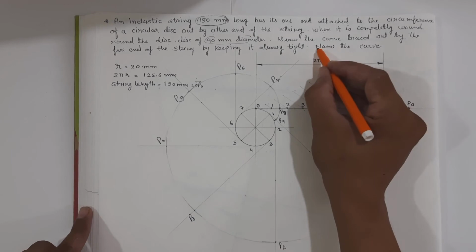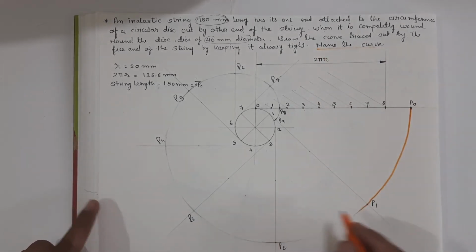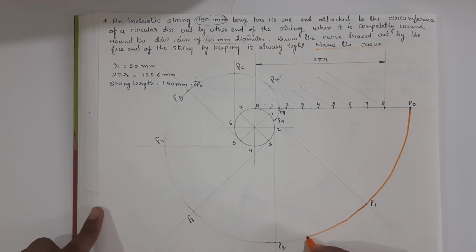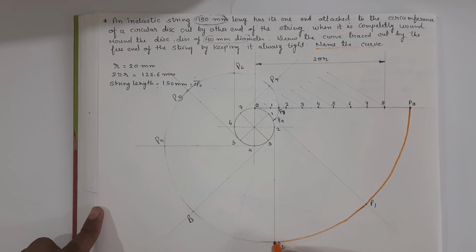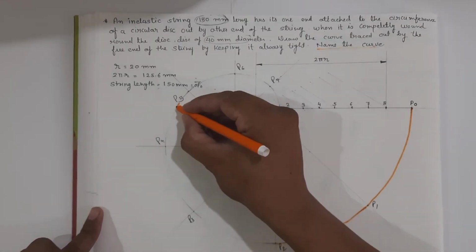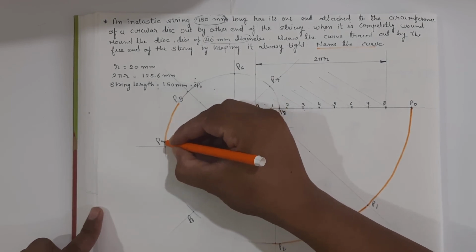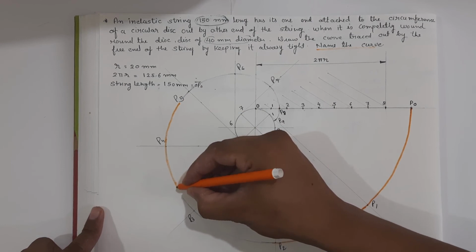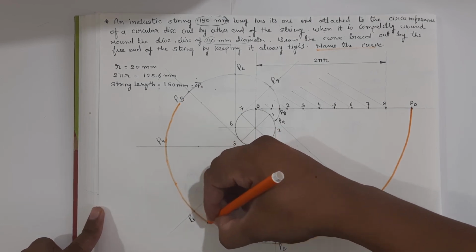Here also we have to give the name of the curve. The curve generated will be an involute, as we have to wound a string around a circle. The curve generated by any point on the string is an involute, but right now we have to draw the curve traced out by the free end of the string, as one end of the string is attached to the circumference of the circle.